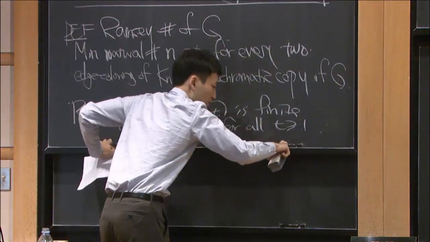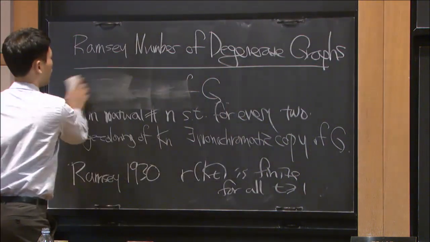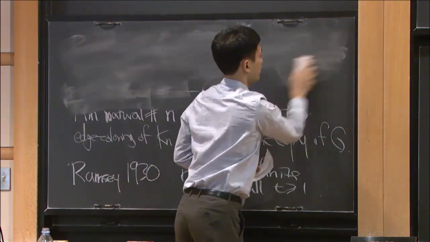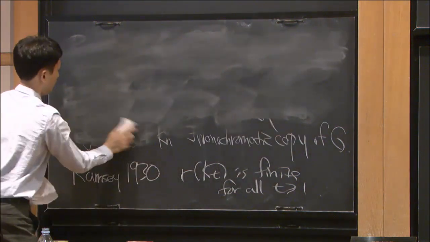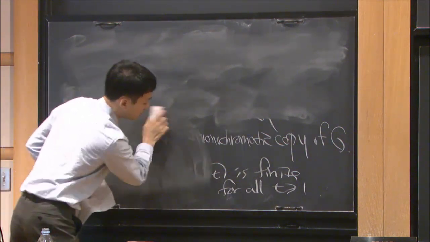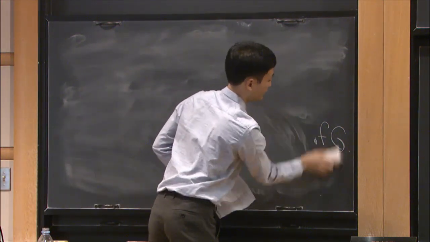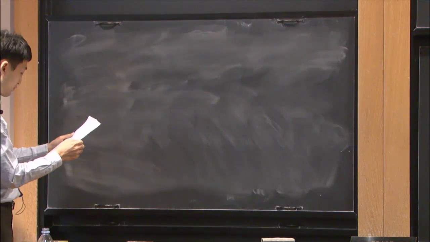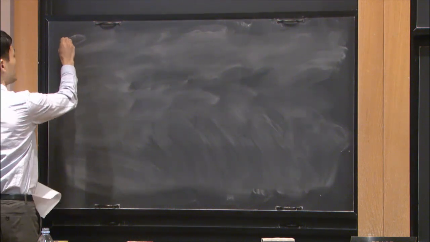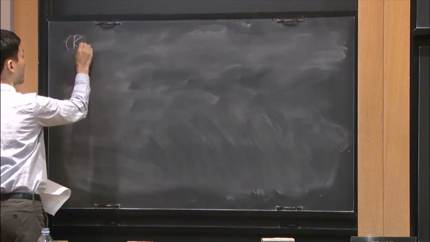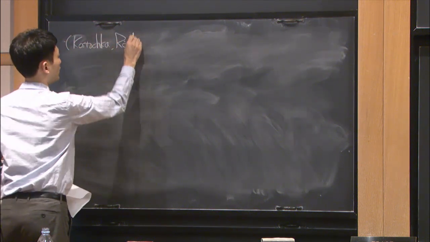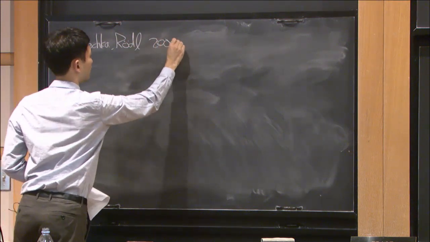Okay, so now they wanted to know about the conjecture itself. We can't prove a linear bound, but how close can we get to a linear bound? Well, the first result in that direction was proved by Kostochka and Rödl in 2004.